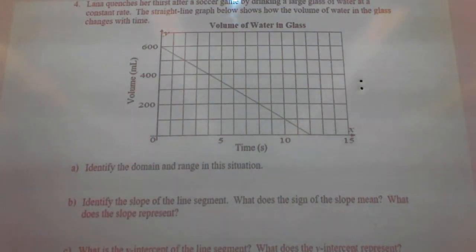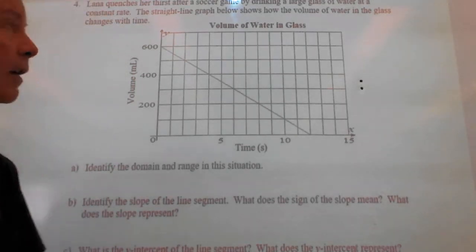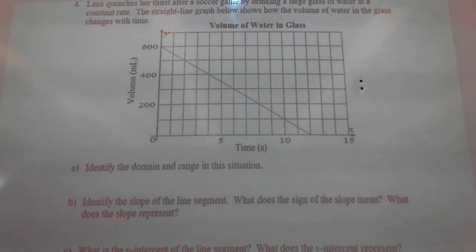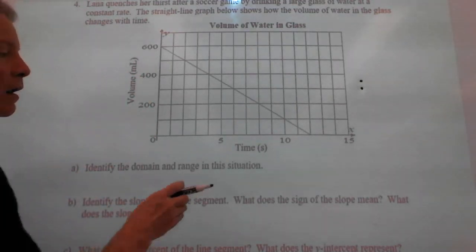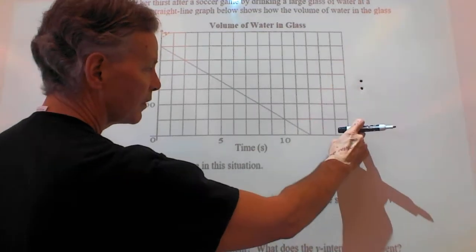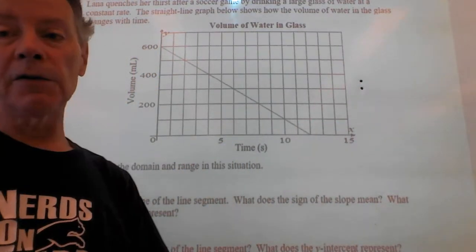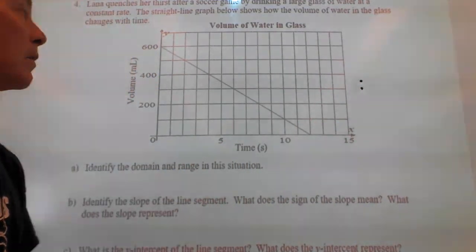So, Lana quenches her thirst after a soccer game by drinking a large glass of water at a constant rate. The straight line graph shows how the volume of water in the glass changes over time. So again, take a look at the graph and make some sense of it, right? Our time is our x. Remember, if time is one of your variables, it's always going to be the x.